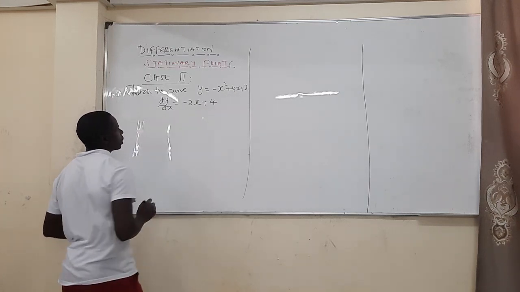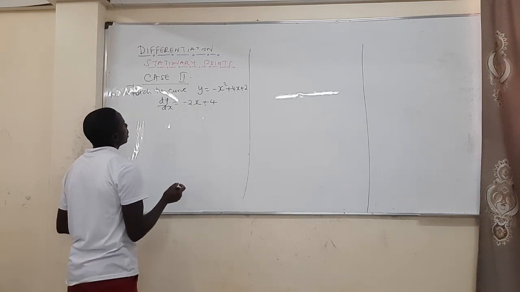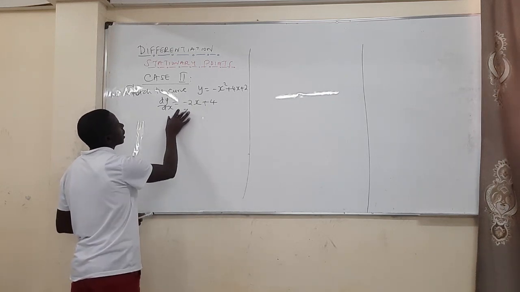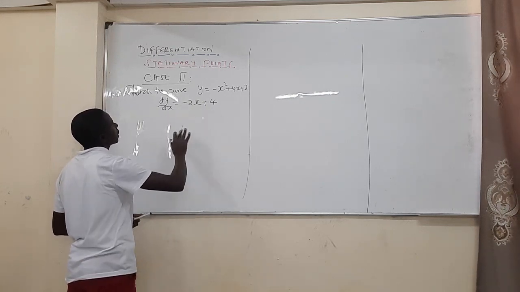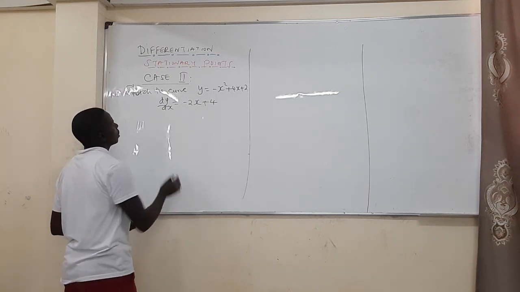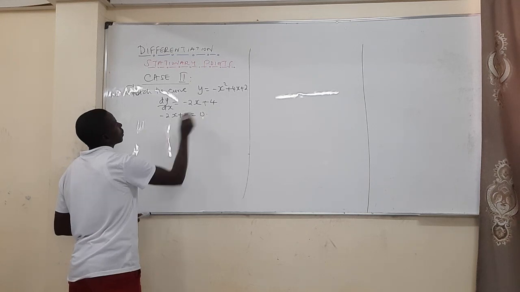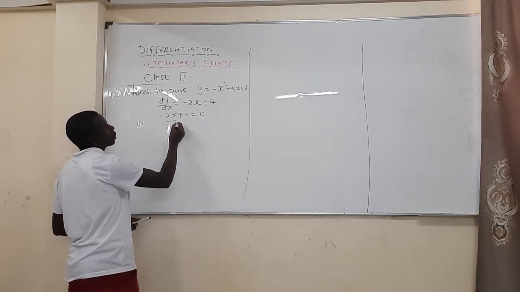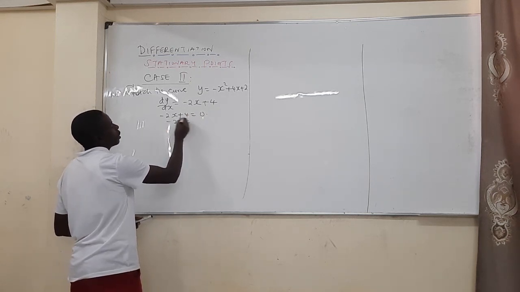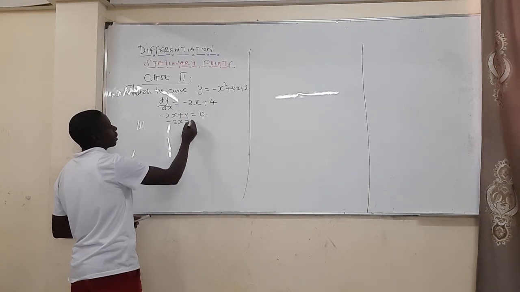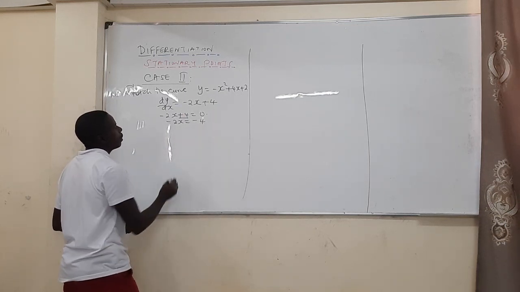That is our derivative. Then we equate our gradient to 0, because at a stationary point the gradient is 0. So minus 2x plus 4 equals 0. Then minus 2x equals, taking the plus 4 to the other side, minus 4.